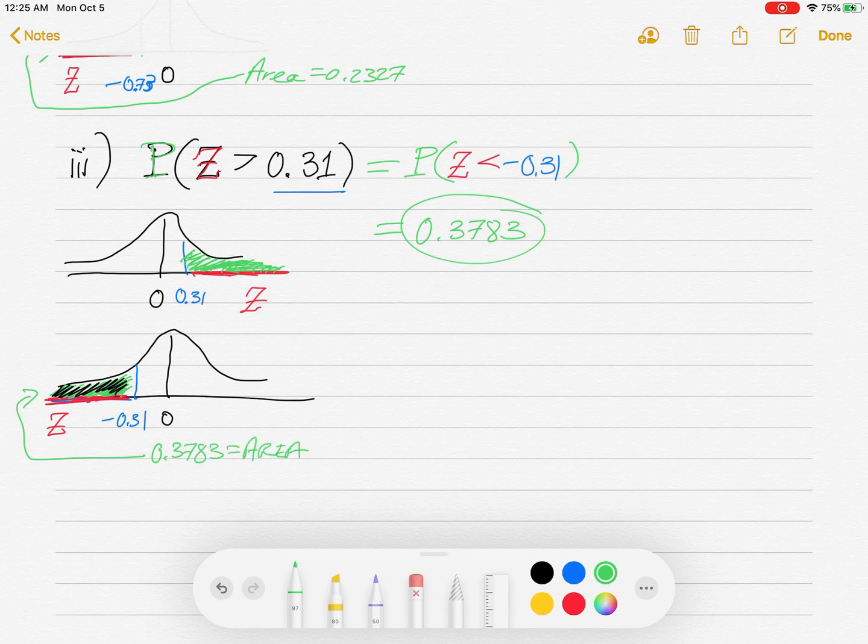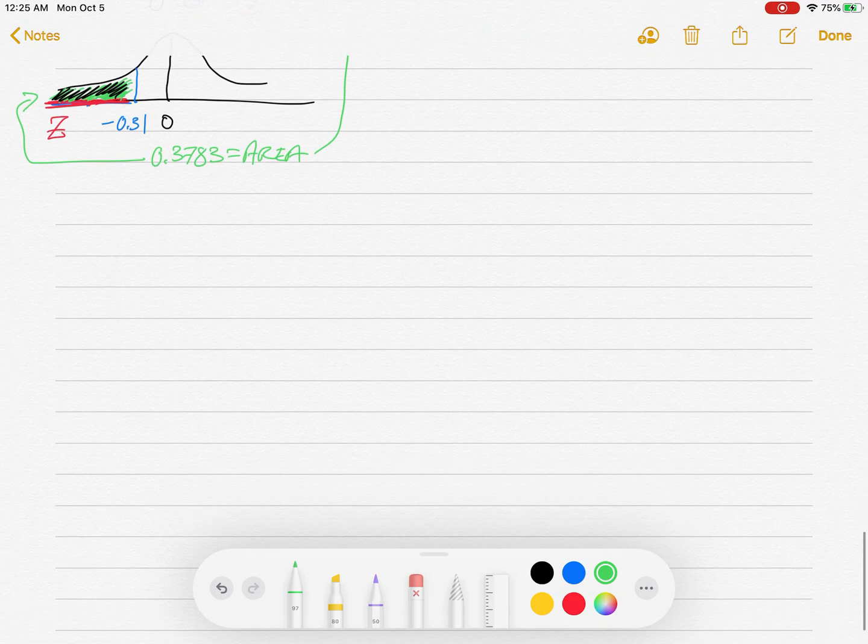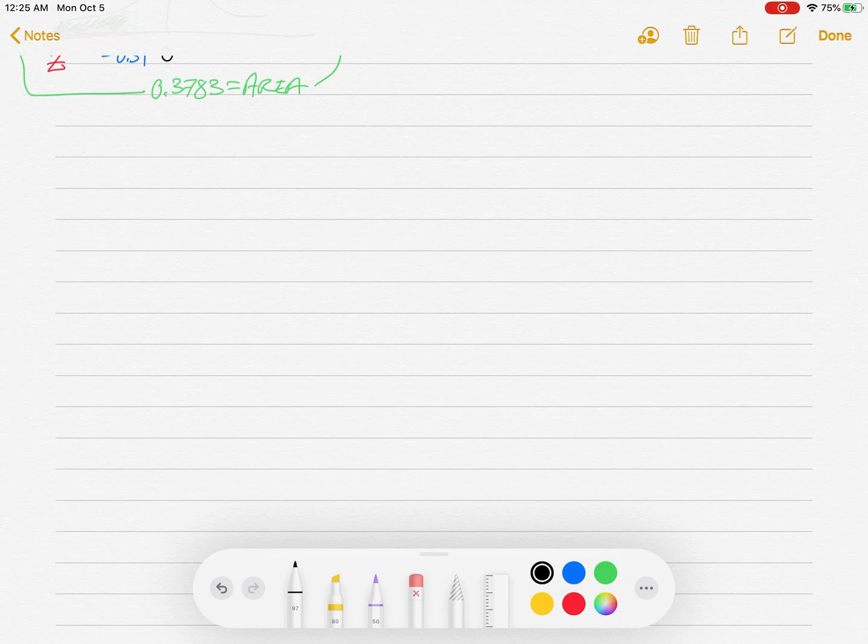So literally, that's the area in this left tail, 0.3783, and that's the same area as in the right tail. The left tail is the same as the right tail. So that's a little trick you can play when doing the greater than type.